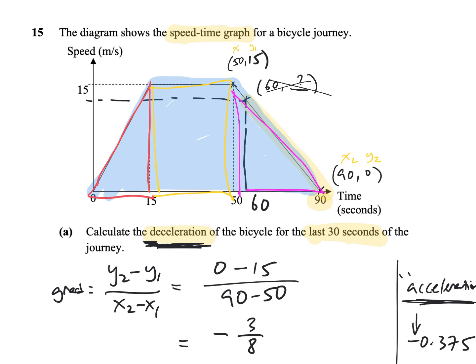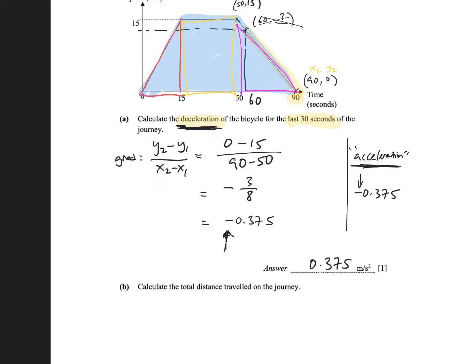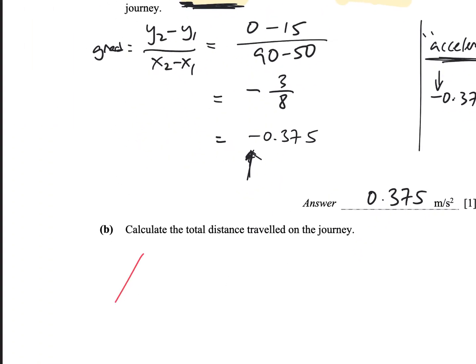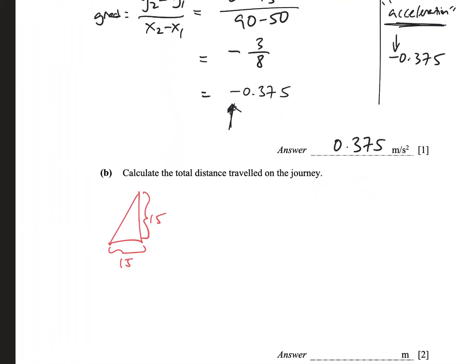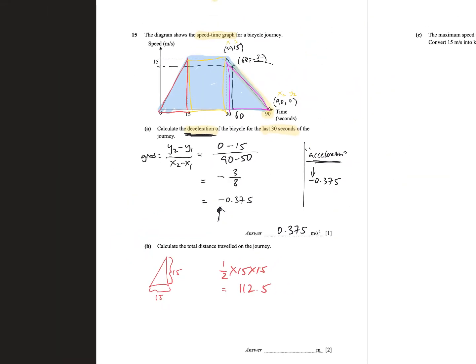Okay, so let's do the red one first, the area. So the area is a triangle that looks like this, where this is 15 and this is also 15. Am I right? Yes, so area is half times base times height, which gives me 112.5.